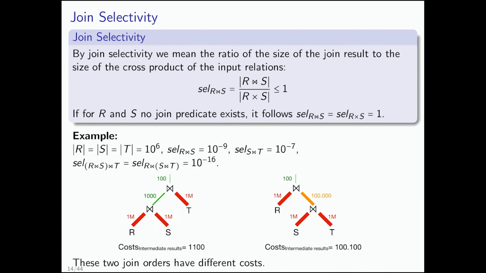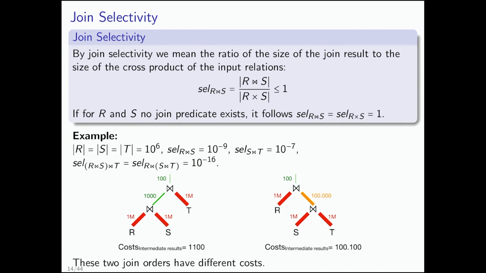However, you have this selectivity of 10 to the power of minus 9, multiplied with 10 to the power of 12, you get 1,000 tuples, so 10 to the power of 3, that survive. That's the number of intermediate results. So this is a very selective join.